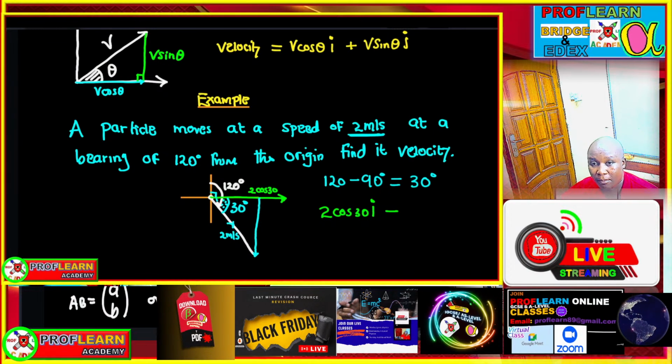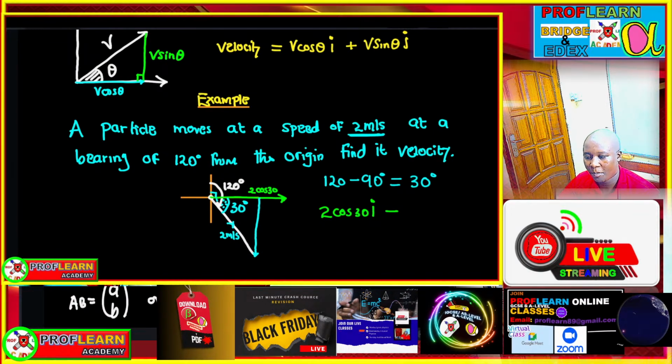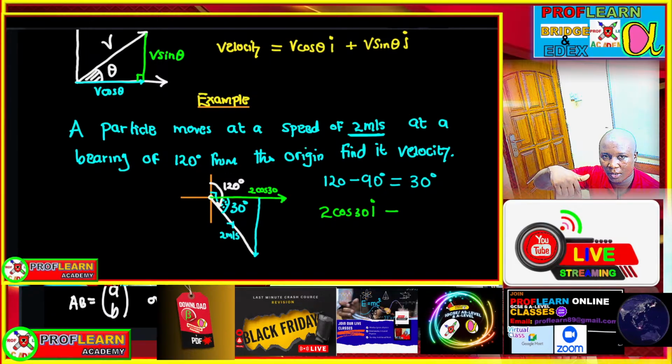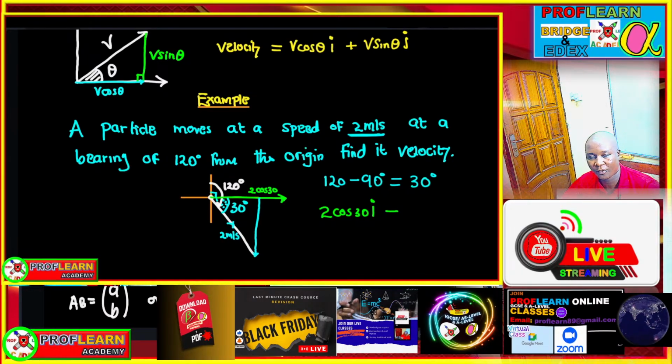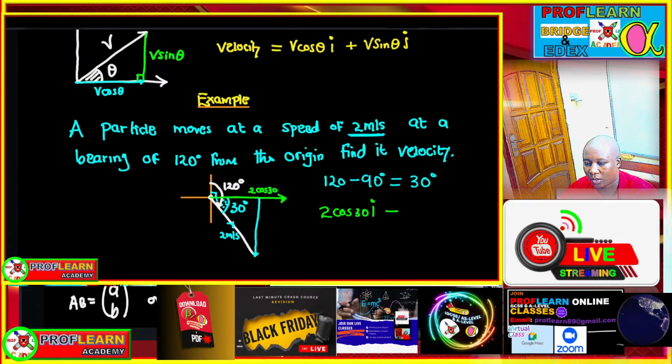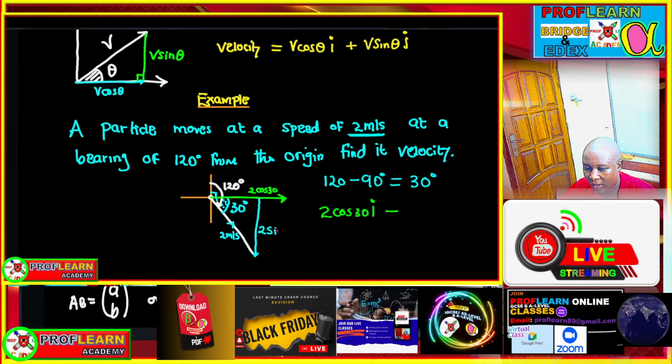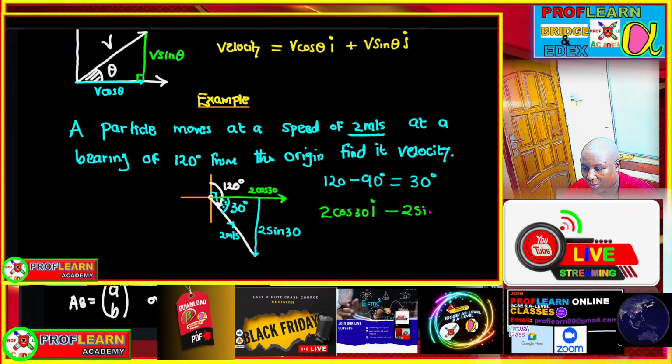Why are we saying minus? Because this object is moving downwards, in the opposite direction to the north, meaning that is south. When it's moving downward, we say negative. To the left we say negative, but to the right is positive and upward is positive. So we also find the vertical component, which is 2 sin 30, but it's negative because it's acting downwards.